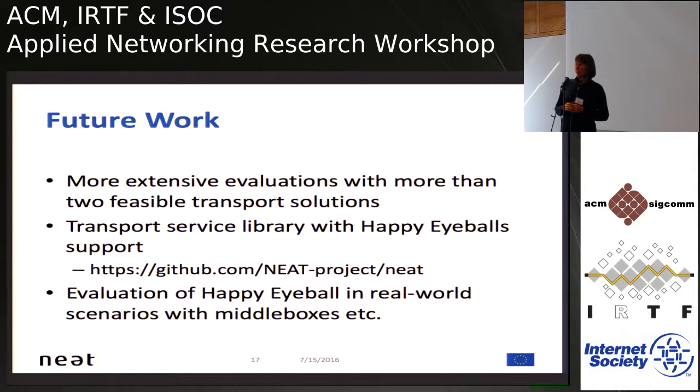This work is part of an ongoing work to build a transport system that allows applications to select transport services rather than specific protocols, and then have the machinery to provide the selection. And having happy eyeballs implemented in that, we of course also want to make some real measurements over networks to see how this interacts with middle boxes and other pieces in the network. And of course also bring the pieces back to the TAPS working group. Okay, thank you.